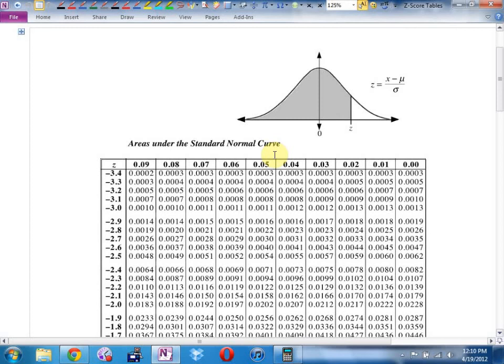Someone has graphed this using a graphing calculator and has calculated the areas, which, because the overall area is 1, means they're also percentages, to the left of every Z-score. If you have a pencil extra or a pen extra or a calculator case, stick something in that back cover so that you can flip back there easily without always having to go hunting for it.